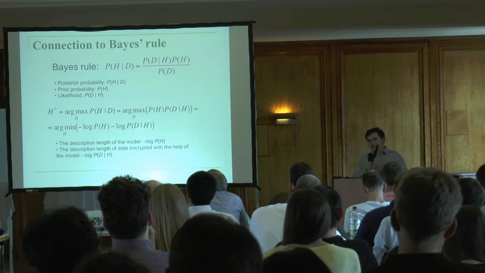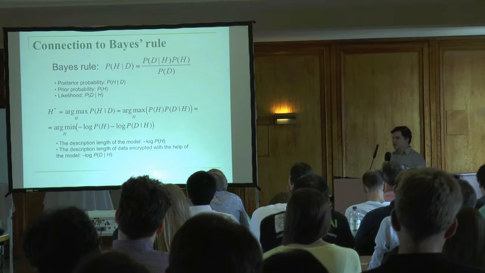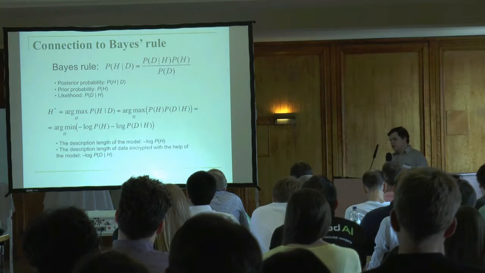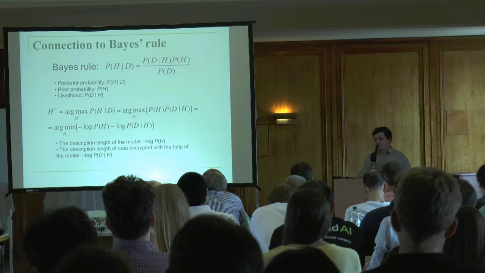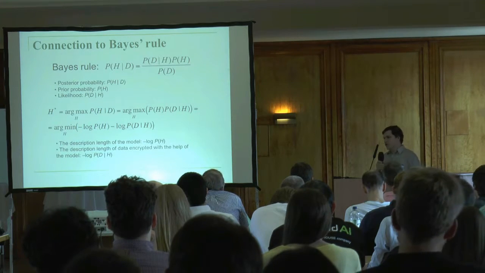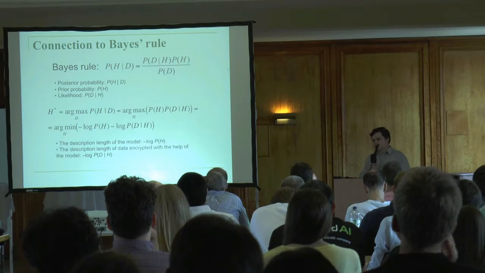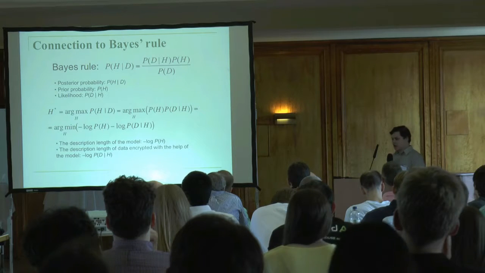And it is much more natural for a developer to imagine some coding scheme for model parameters and to calculate its description length instead of explicitly specifying prior probabilities. But the difference here is not very large.